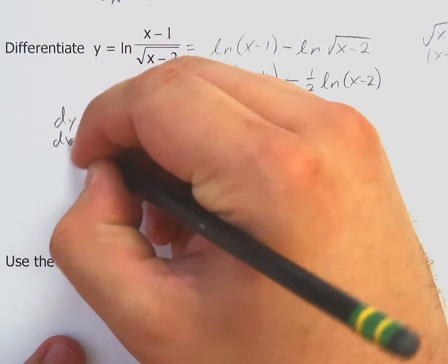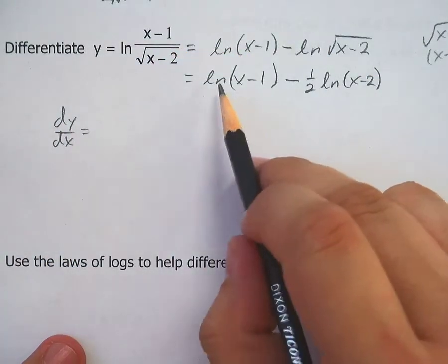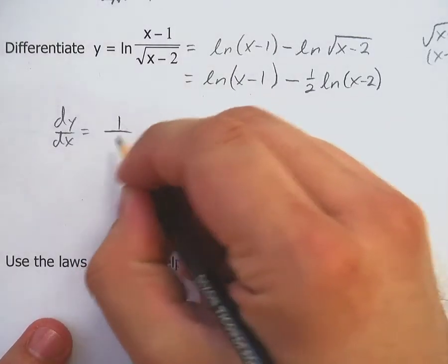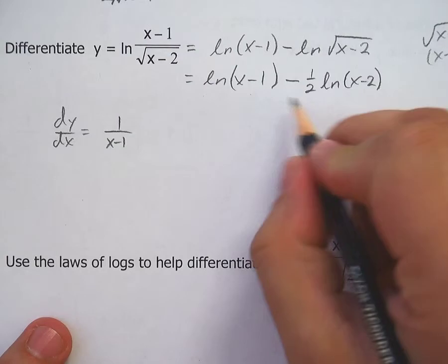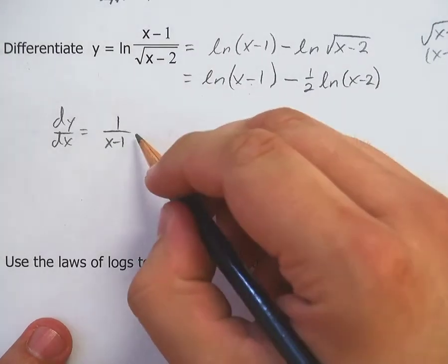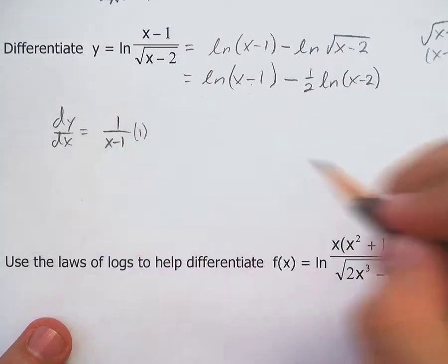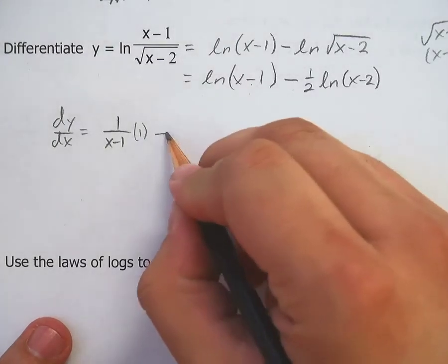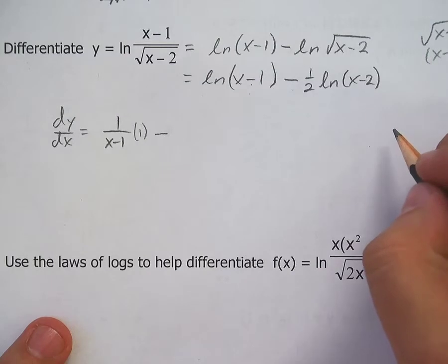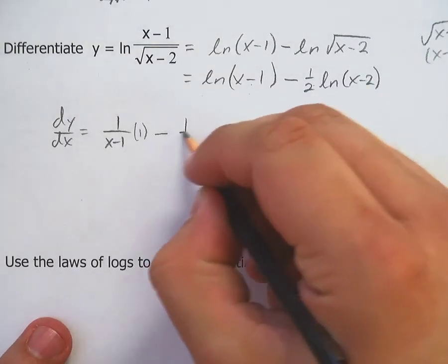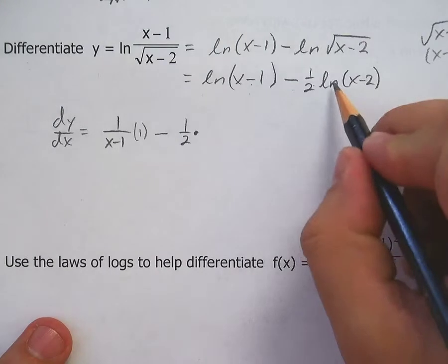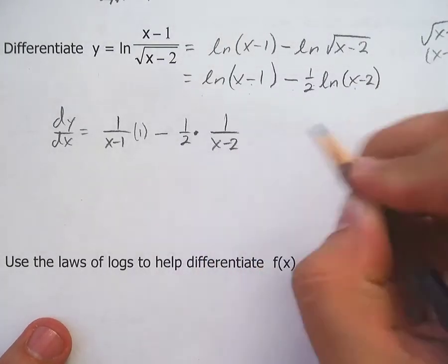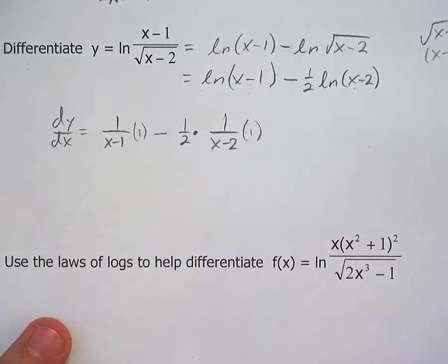dy dx. The derivative of the first one here is 1 over u times the derivative of u, which is 1. So I'm going to put it here. We don't really need it, but I'm going to put it there for consistency. Minus, and then your 1/2 is still here. 1/2 times 1 over u, derivative, which is 1, so I'm going to put it here again.